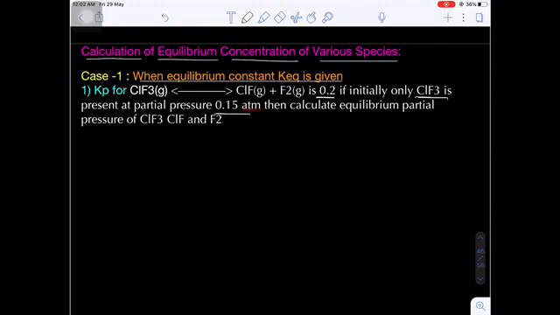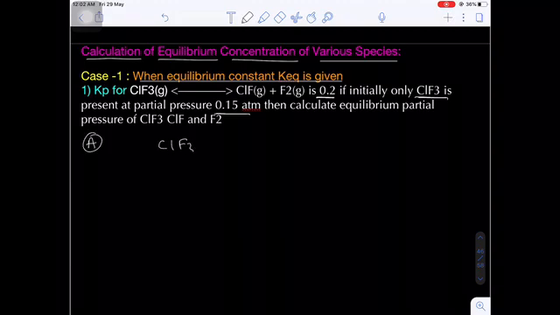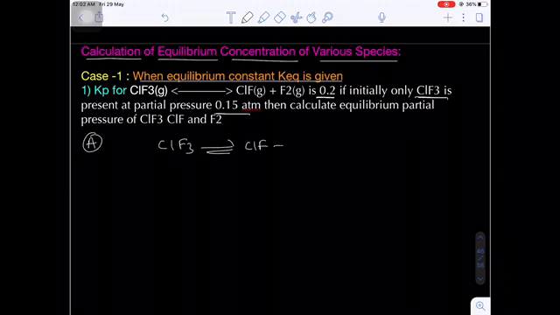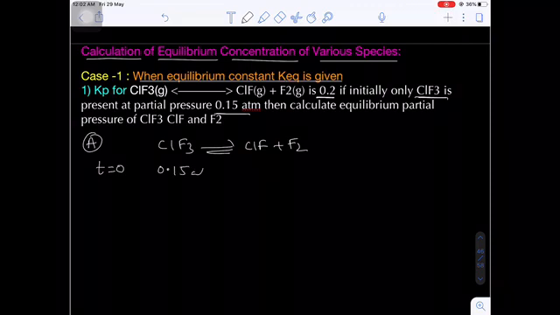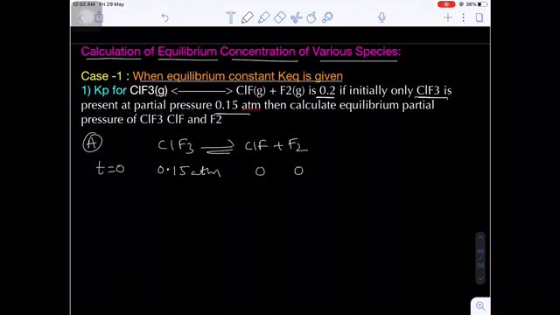First of all, what is the reaction given to you? ClF3 in equilibrium with ClF plus F2. Initially, at time zero, you have only ClF3, which is 0.15 atm. There is no product, so 0 atm, 0 atm.